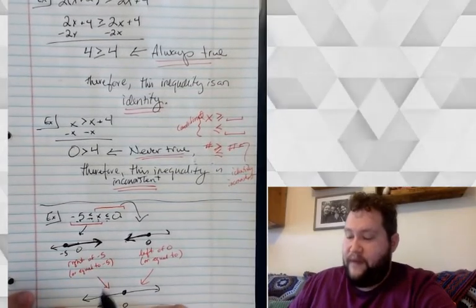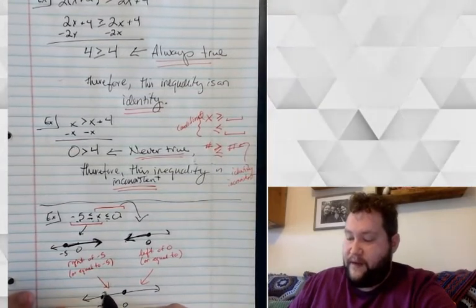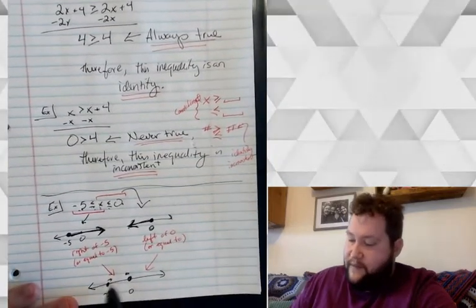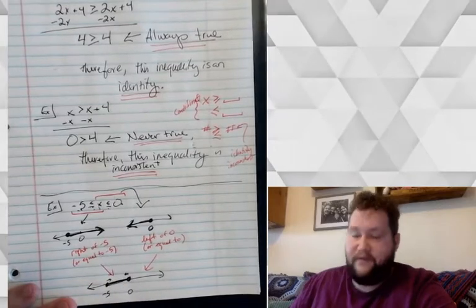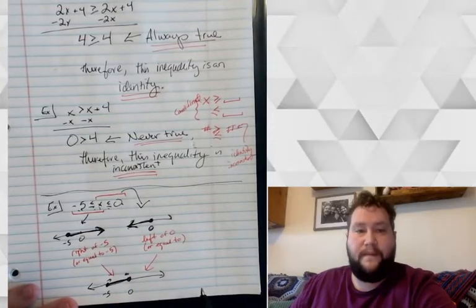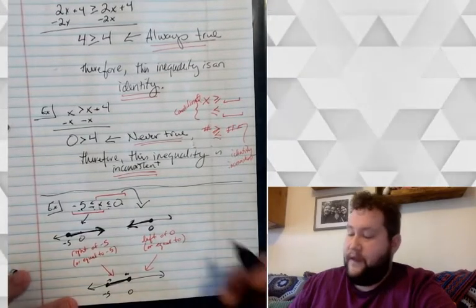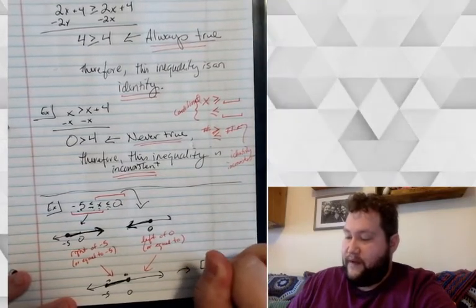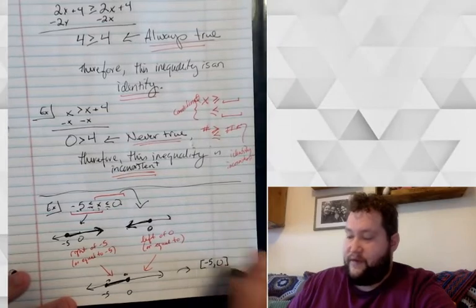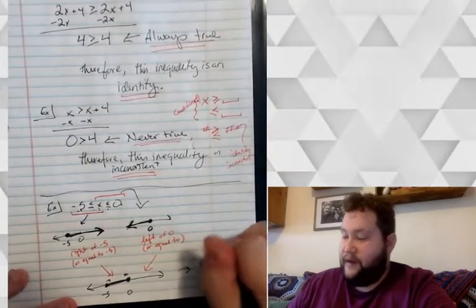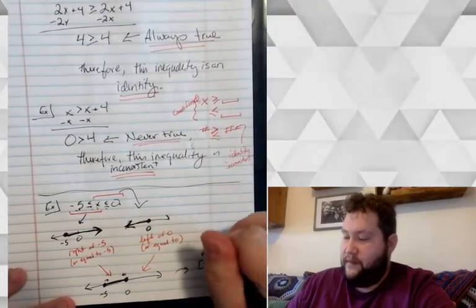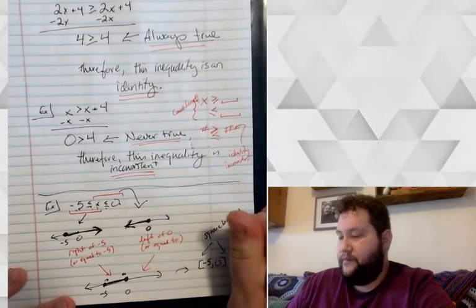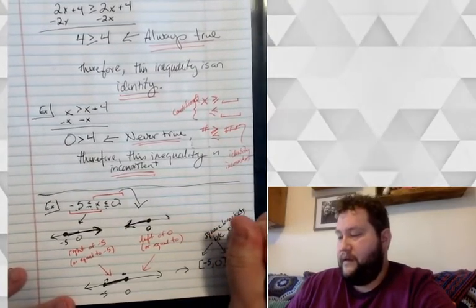It can be right of -5, so this way, and left of 0, this way. And so what we have is that space between. And then equivalently, it can be as small as -5 or as large as 0. Square brackets, because equal to.